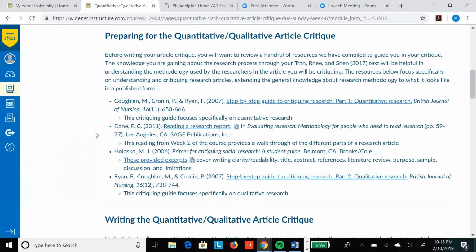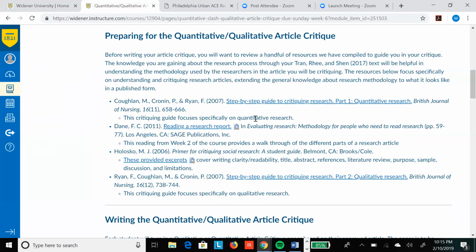And these resources below focus specifically on understanding and critiquing research articles. They extend the general knowledge about research methodology that you've been learning from your textbook, applying it to what it looks like when we're critiquing in a published form.